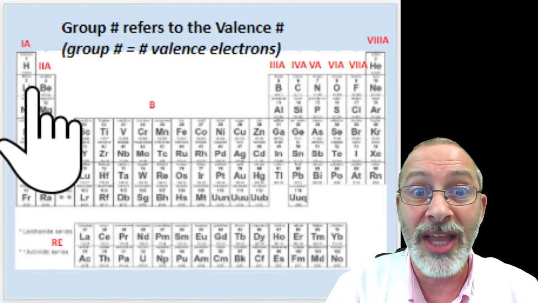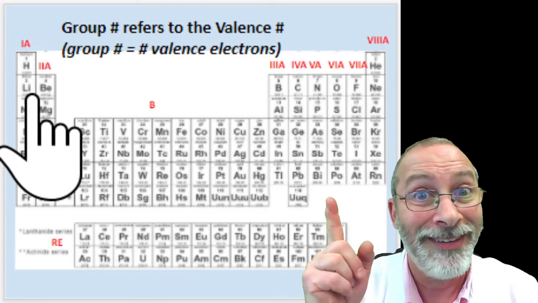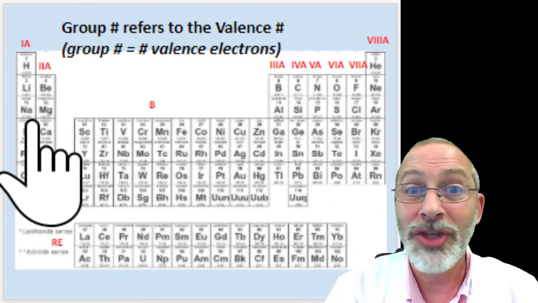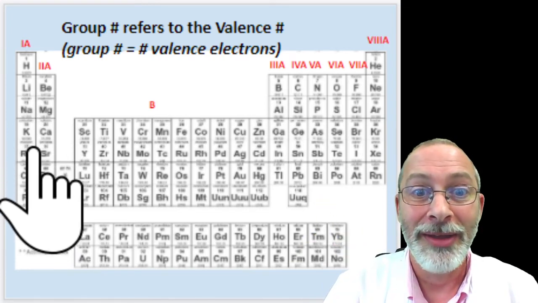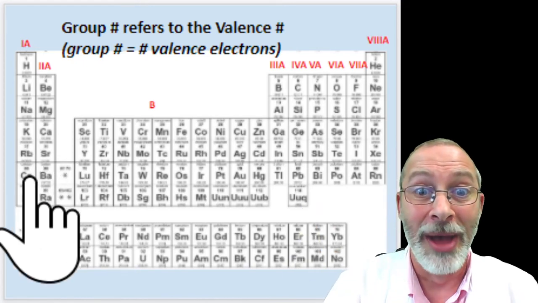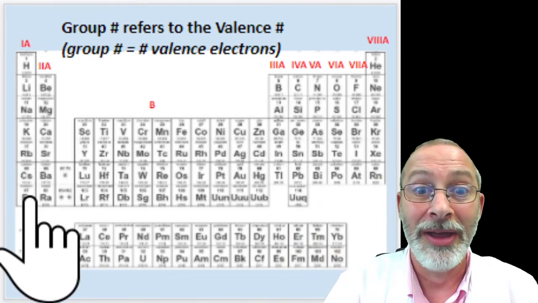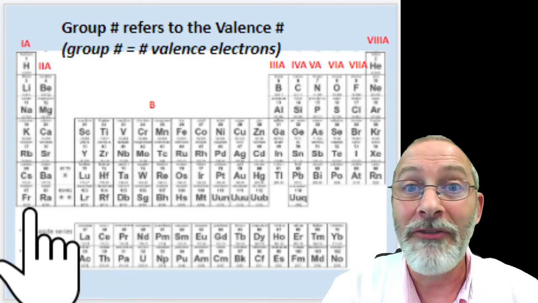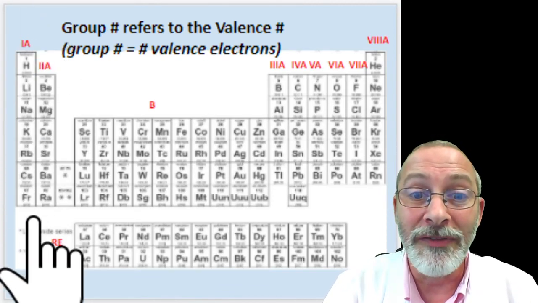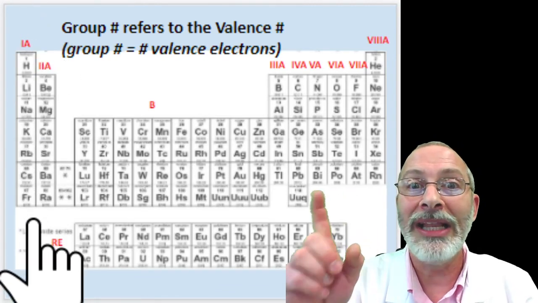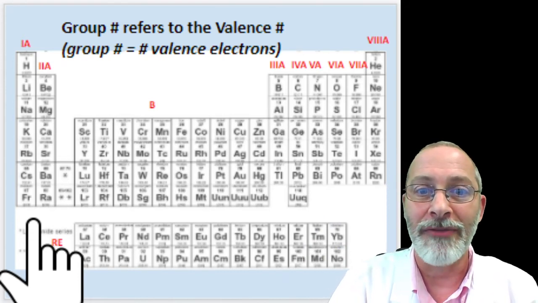So how many valence electrons does lithium have? How about sodium? How about potassium? How about rubidium, cesium, francium? All of these elements have 1 electron in their outermost energy level.